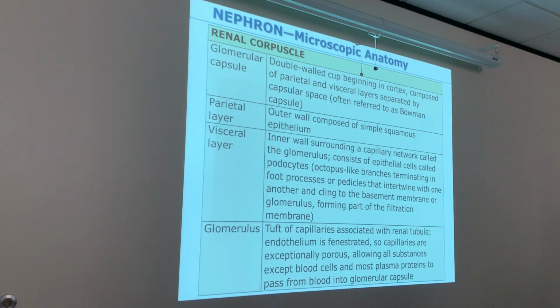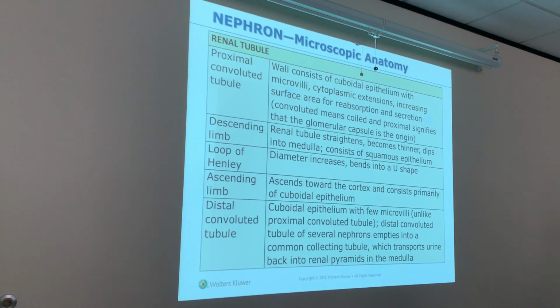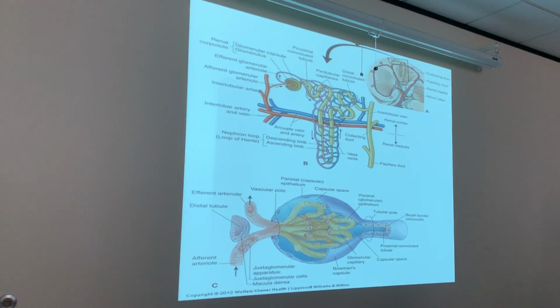Okay? Nephron, we've talked about that a lot. These are the parts of the nephron, the loop of Henle, talks about that a little bit. We've already talked about that. Here's some different pictures. See how the renal papilla is the end of the nephron.